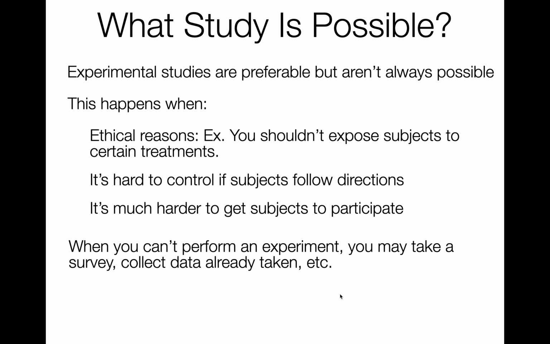And so when you have those cases, we may just have to go to an observational study. So you may have to take a survey. Maybe there's some data already out there that you can put together to suit your purposes, so on and so forth.